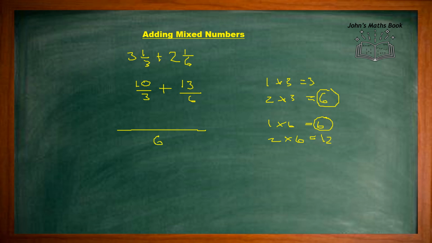Now we know how to calculate the numerator because we looked at it when we added fractions. We take each of the denominators in turn, divide it into the common denominator, and multiply it by the numerator. So dividing 3 into 6 gives 2, multiplied by 10.